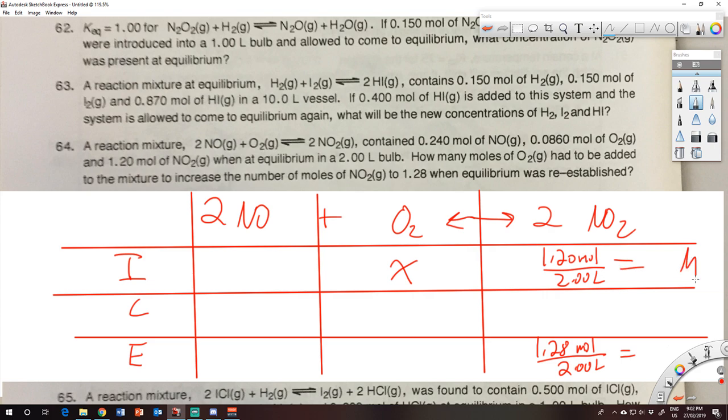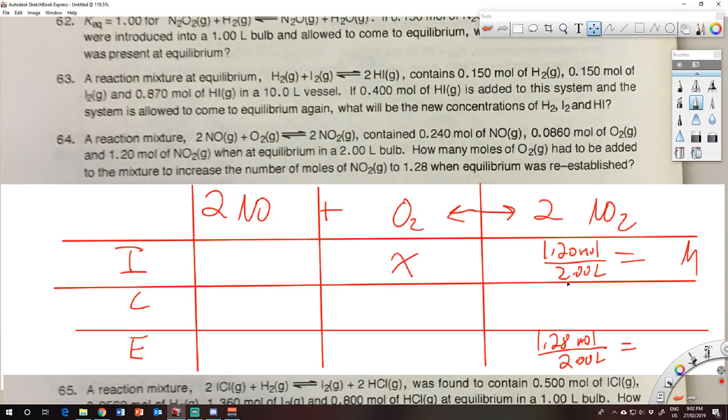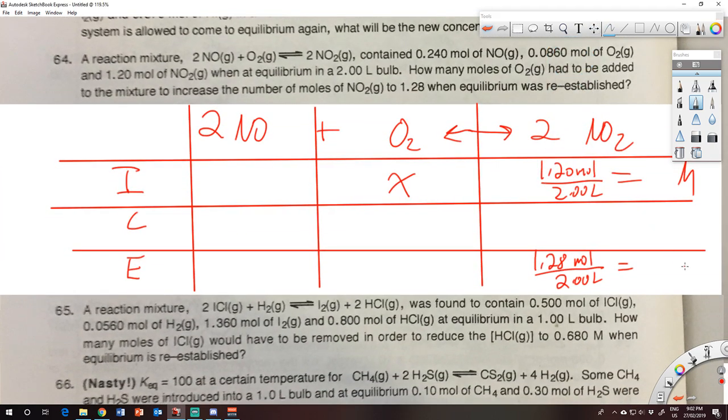That'll give you some concentration. Since we're increasing the concentration, this will be plus y, but since we have this 2 there, it'll be plus 2y. This will be minus y. This will be minus 2y. So this is how you would set up the ice table.